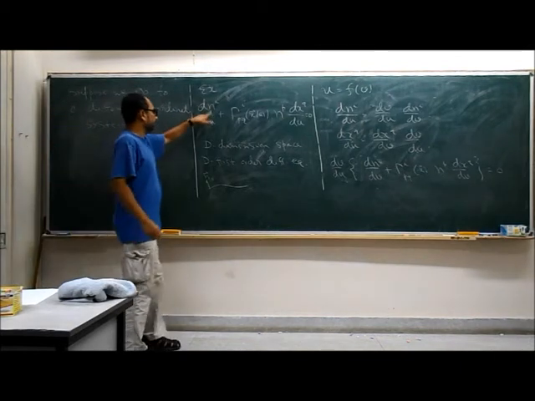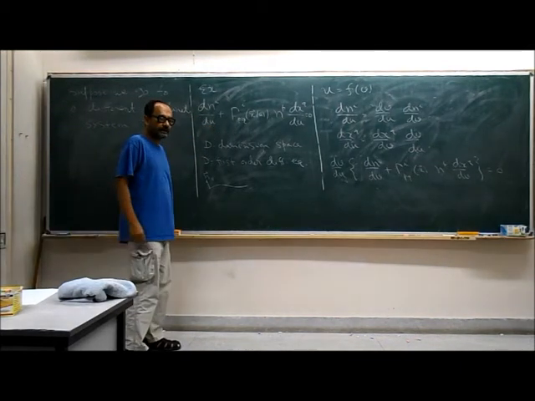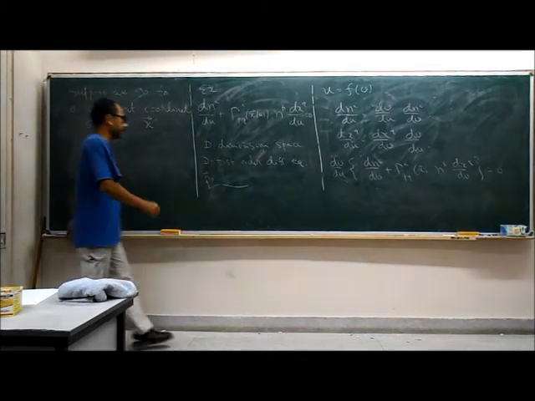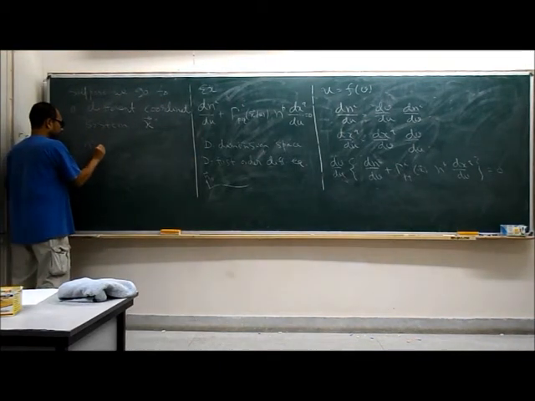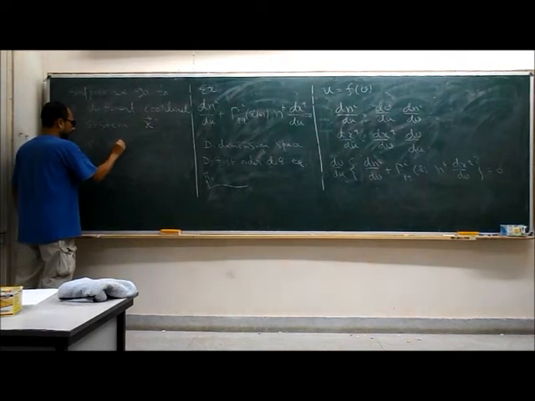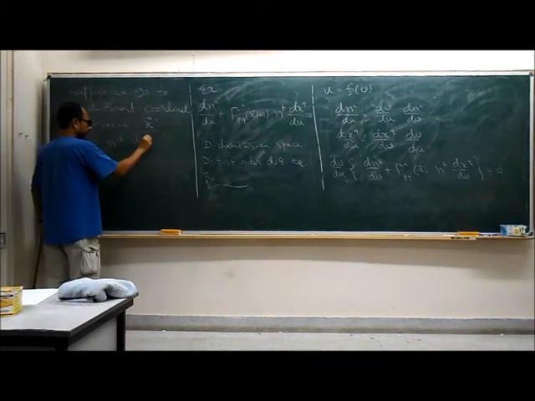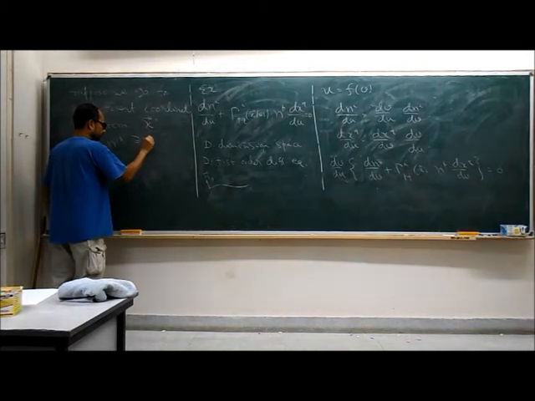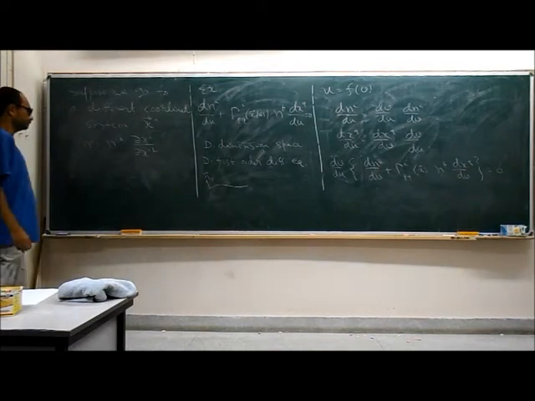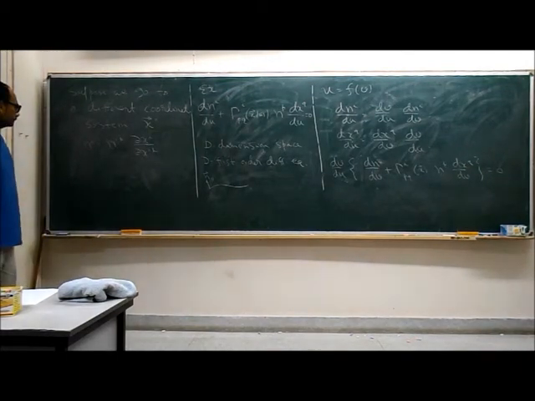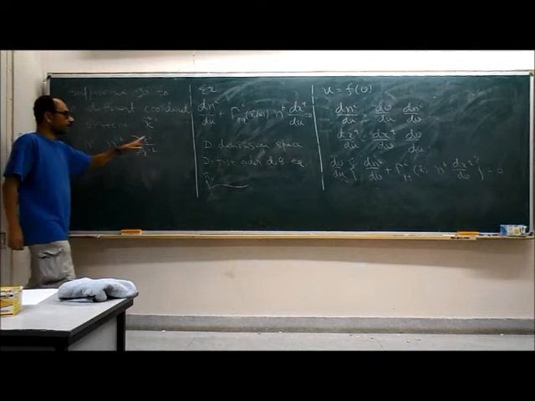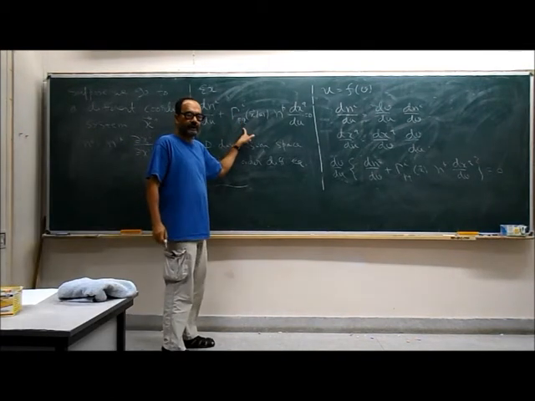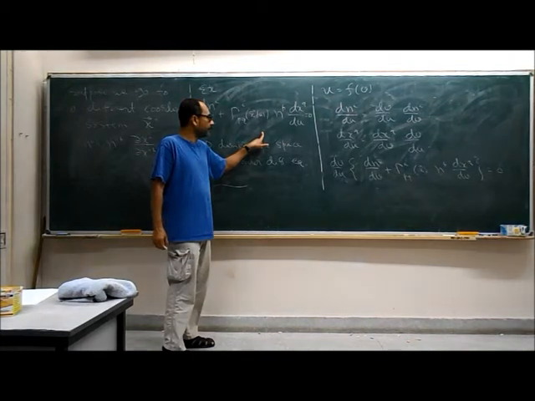Now you know how n^i transforms. n^i becomes n double prime^k times dx^i over dx double prime^k. This is the way tangent vectors transform. We know how these transform. For gamma, that complicated transformation law, you have to use gamma in terms of gamma double prime.